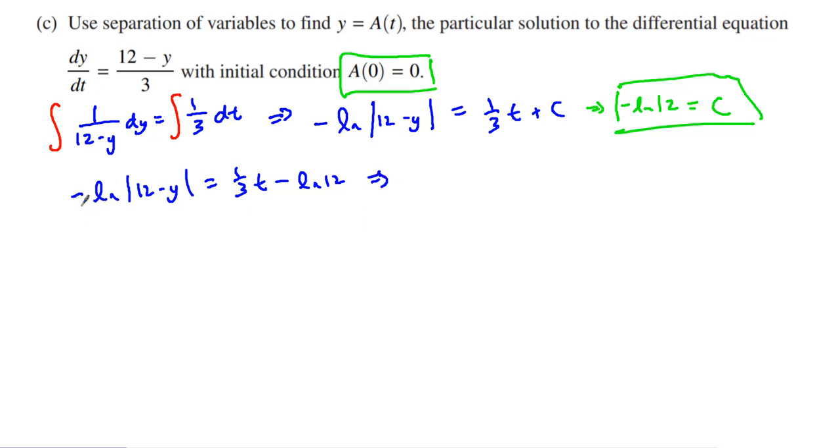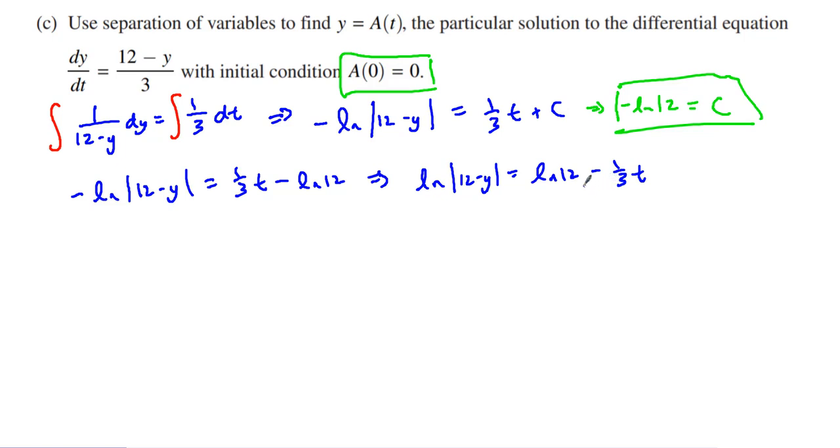Now we're going to move this negative over. Again, I'm just going step by step. The natural log of 12 minus y equals, this guy becomes positive, so natural log of 12 minus 1/3 of t. Now we're ready to move the natural log over.